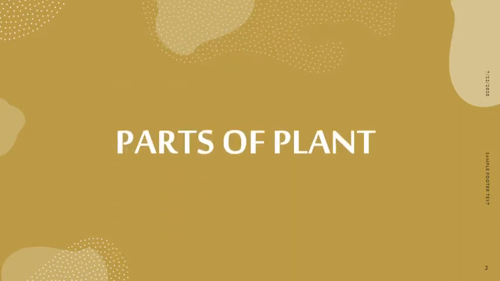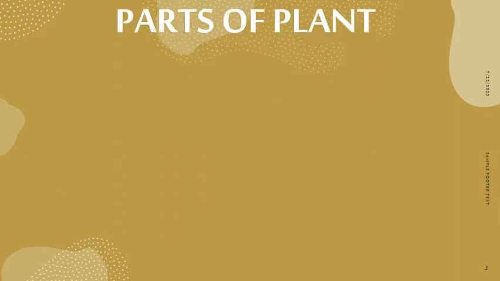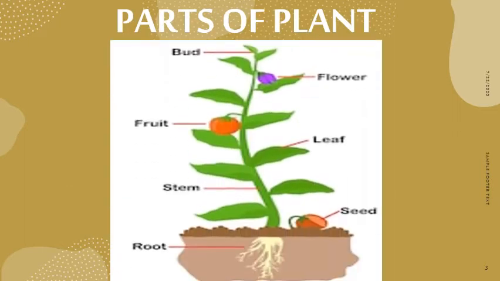Now let's start with the parts of plants. So let's see a picture. Here I have mentioned the names of all the parts. Starting with the first one, bud. Now the second is flower. Third one is fruit.